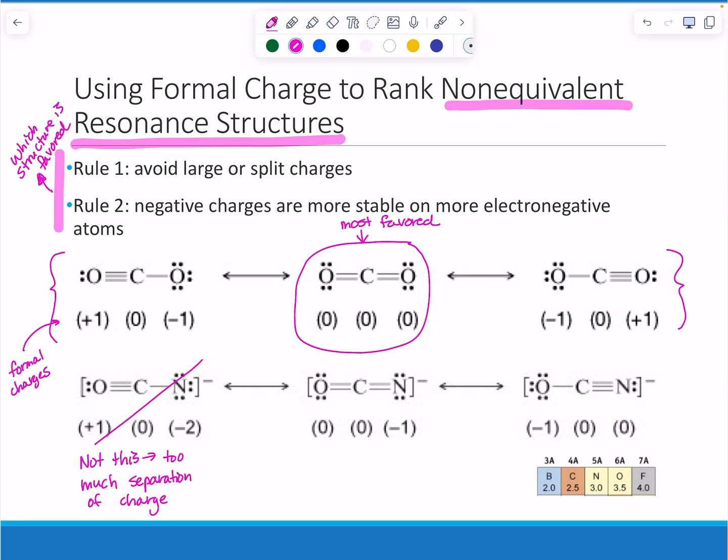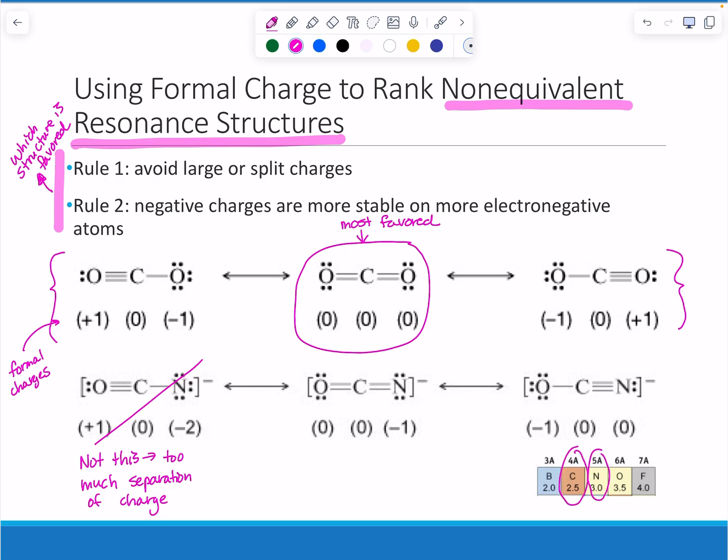When we look at the ones on the right, both of them have two atoms that have 0 formal charges and one that has a -1. So how do we choose? We have to use rule number 2, where the negative charge is going to go to the more electronegative atom. It makes sense. That atom has the greatest electron affinity. So which one is that? We've got a nitrogen and we've got a carbon.